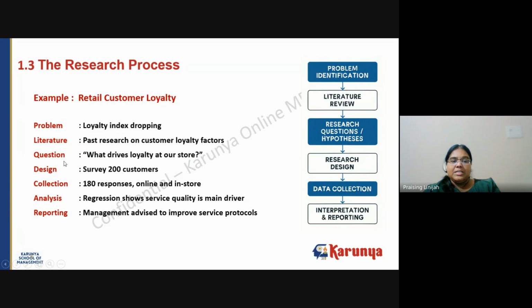And the question is, what drives loyalty at our store? The design leads to a survey among 200 customers, and when you refine the data, it comes to 180 responses, inclusive of online and in store. The collected data is set for analysis. Regression shows service quality is the main driver.